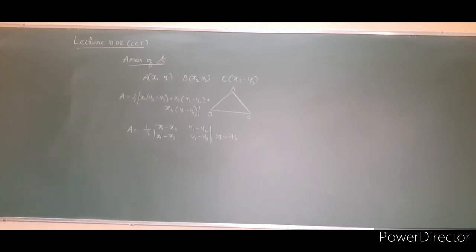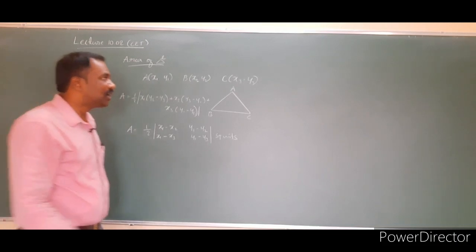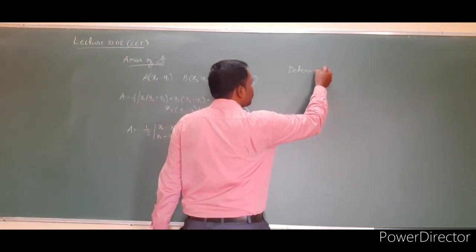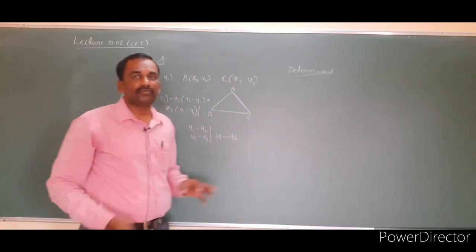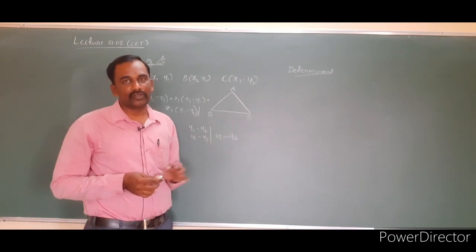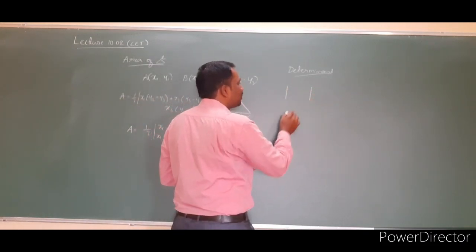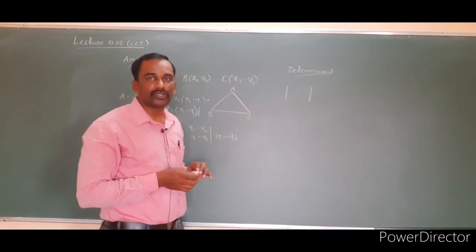What is meant by determinant? You are going to learn this topic in second PUC. Simply I will give the hint on how to evaluate. A determinant is a real number expressed in the form of rows and columns.